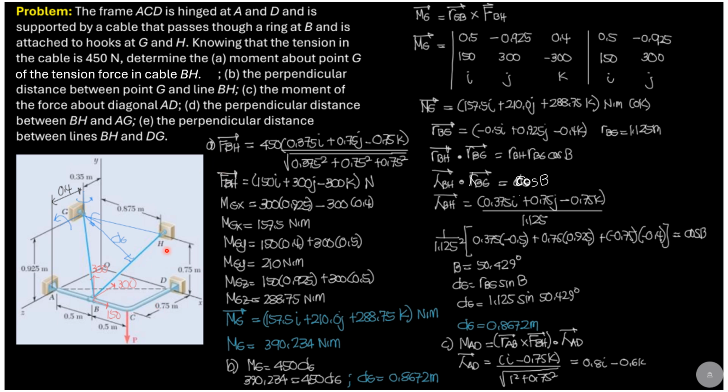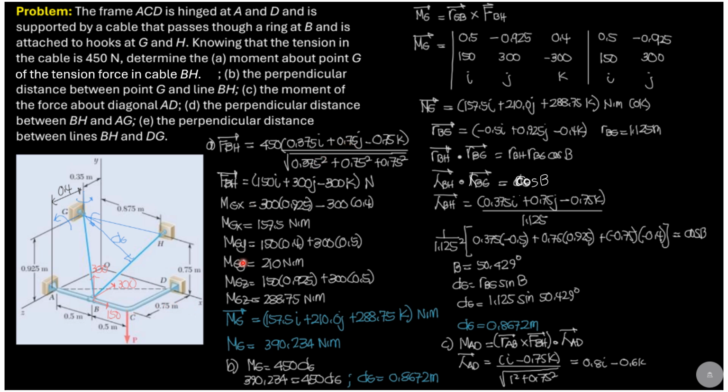The force is directed from B to H, so its magnitude is 450. And that line is directed to the right because this is 0.875 and this is 0.5. 0.875 meter minus 0.5 is 0.375 i. Then going up by 0.75 from B to H, so plus 0.75 j.